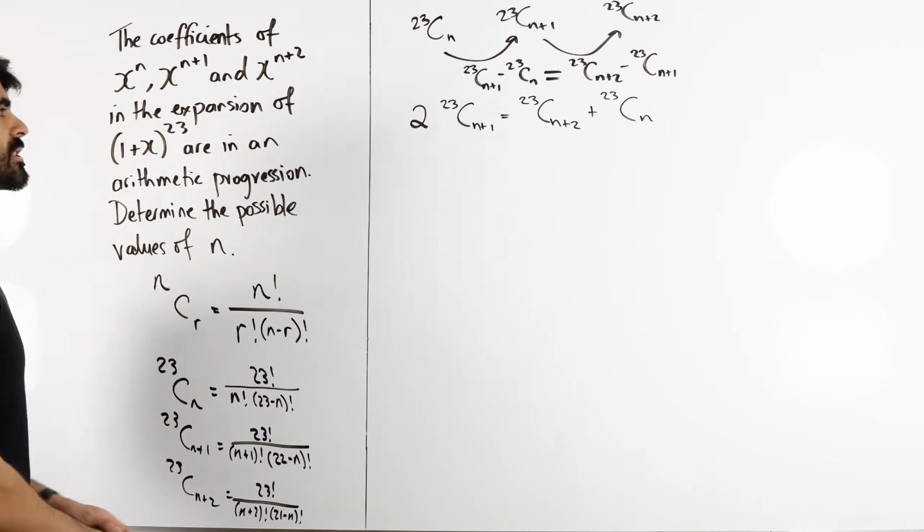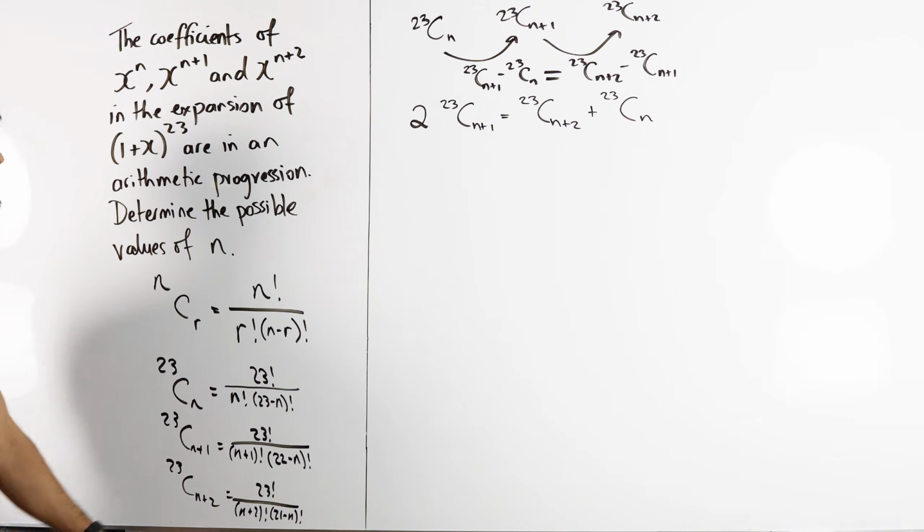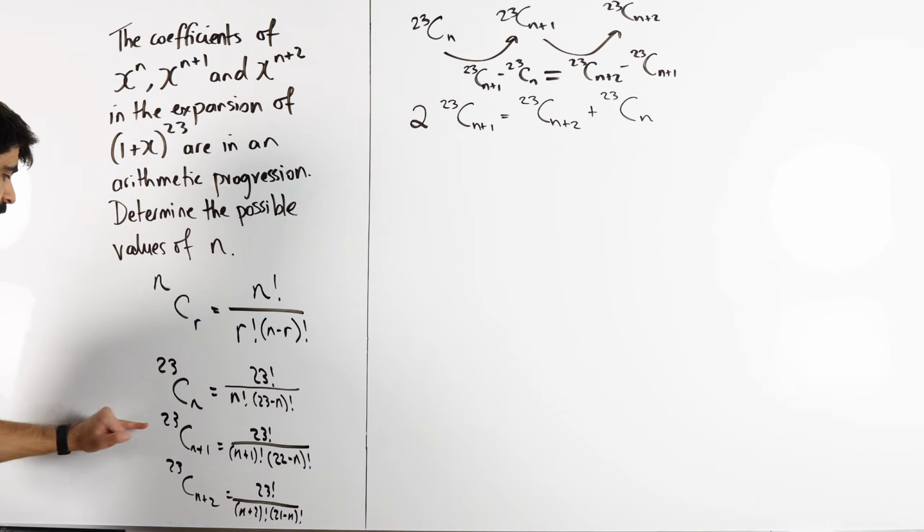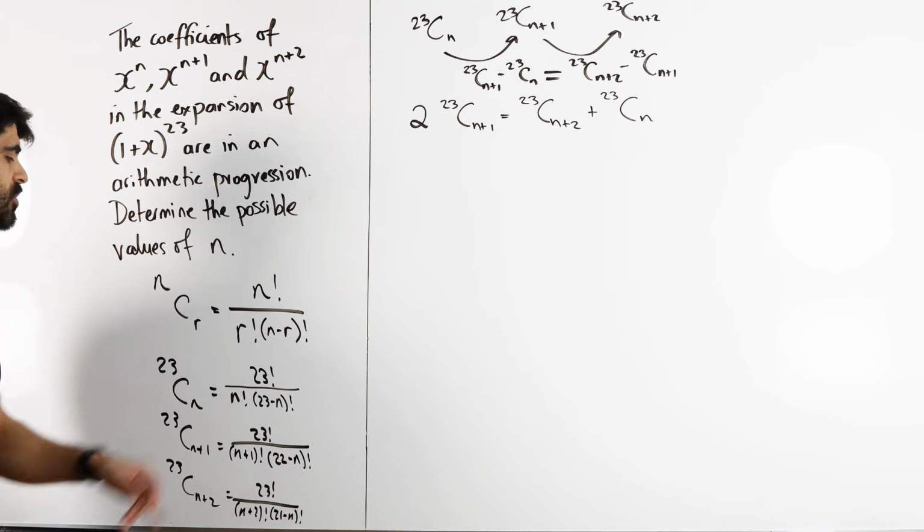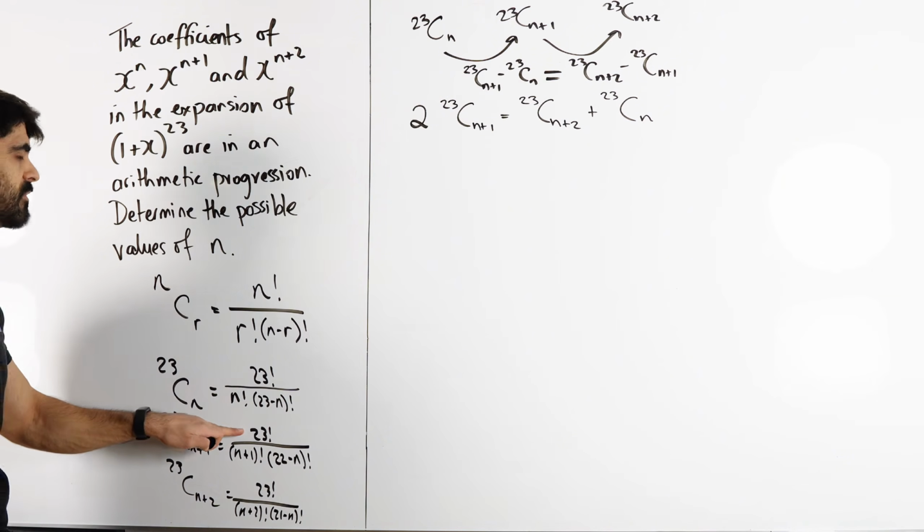And then we can substitute things in. We can sub in all these things, right? I'm doing 2 lots of this one. If I multiply by 2, it's going to go to the numerator. Now, I'm not going to do anything with that 23 factorial.